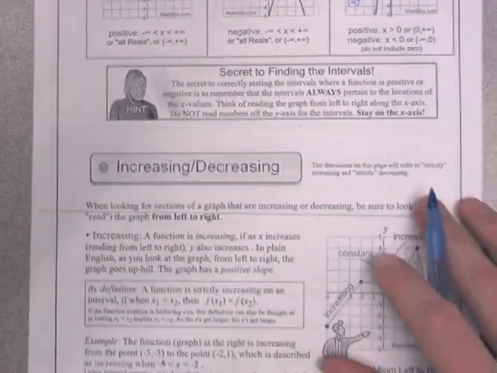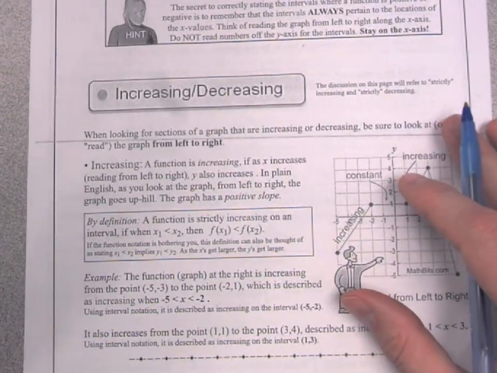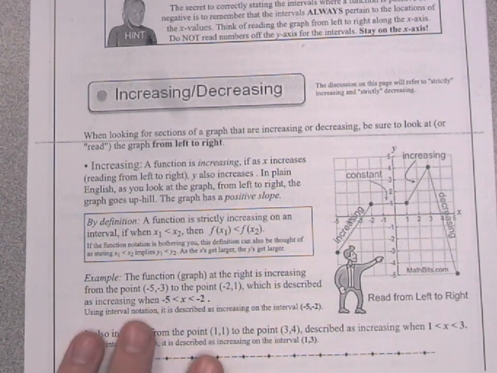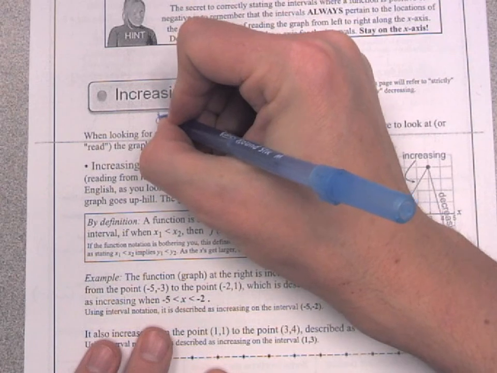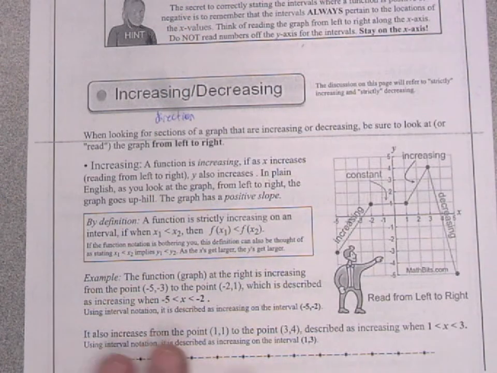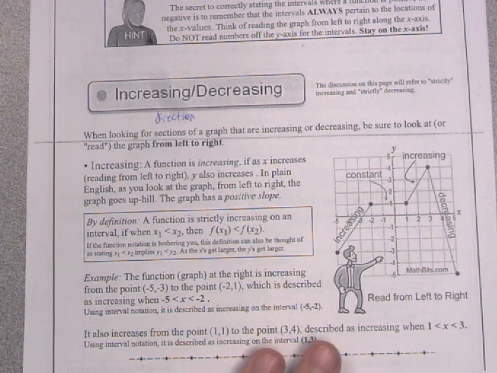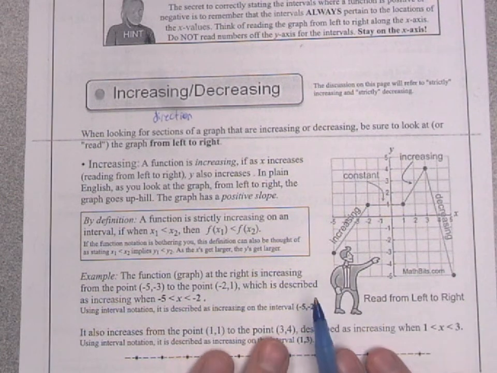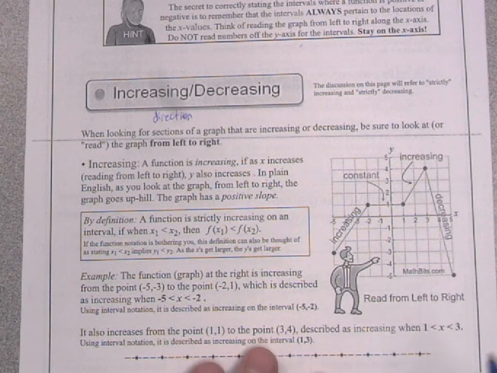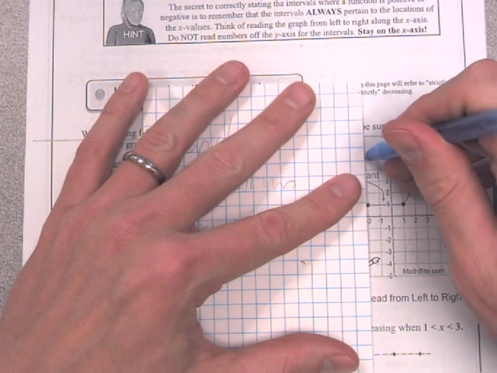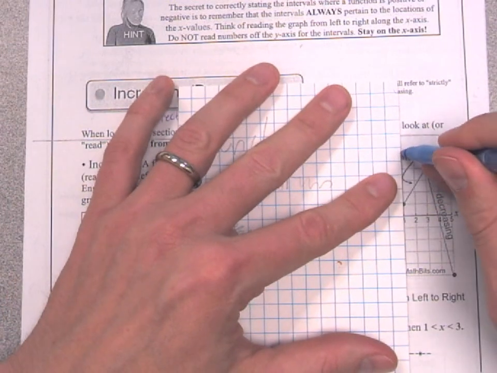The next little bit here is increasing or decreasing. So this is what direction you're going. This is more of a slope idea. In our diver scenario, this is like, is he going up or is he going down? If you look at this graph, you can divide this domain into sections.